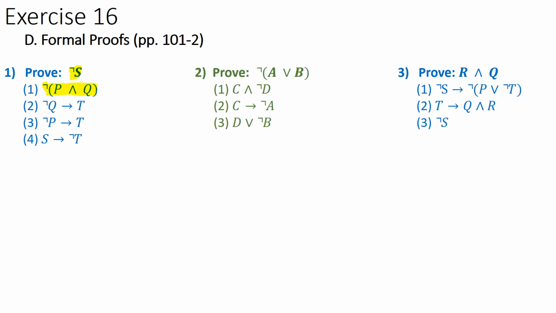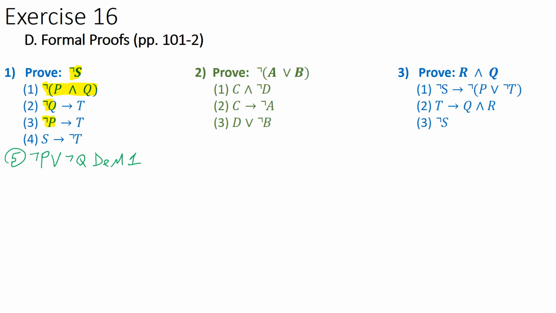So we can use that, and I think we should apply De Morgan's rule, or De Morgan's law. So for line 5, we can get not P or not Q. So De Morgan, line 1. Now notice we have not P or not Q. Not P appears in the antecedent to a conditional, and not Q appears in the antecedent to a conditional.